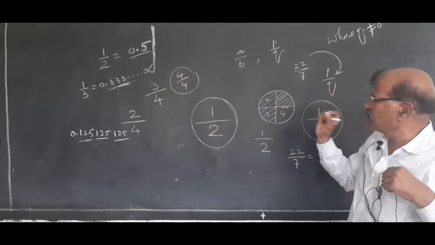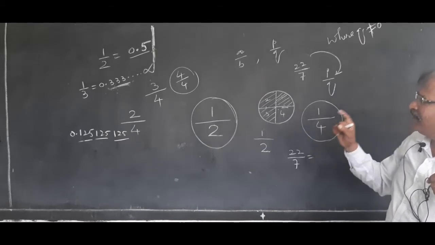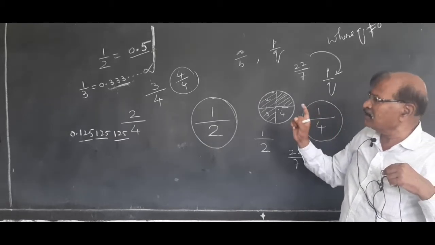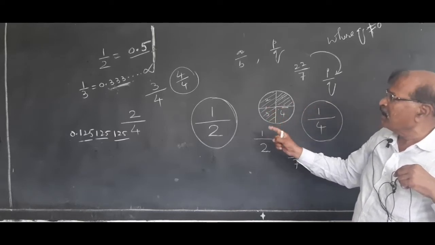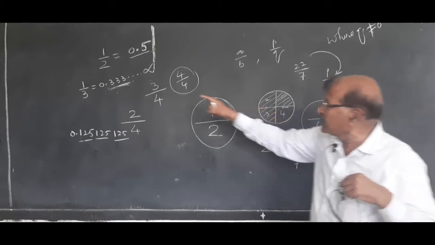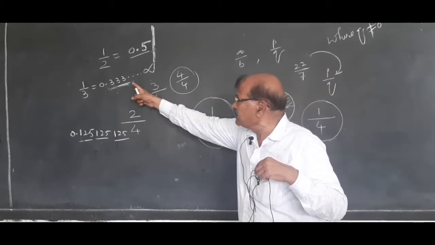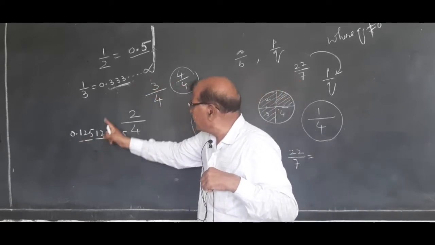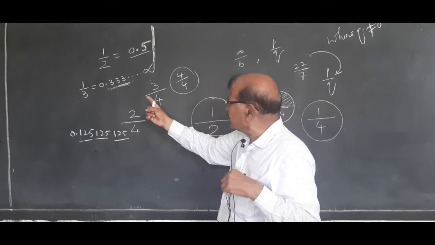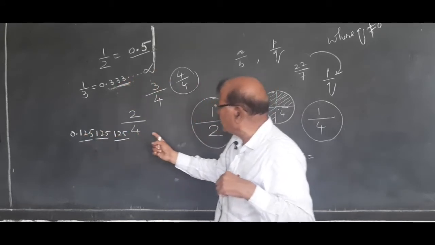A rational number is a decimal fraction which is either ending, meaning terminating, or non-terminating. If it is non-terminating, it should have a recurring pattern, like 0.3333 or 0.125, 125, 125.